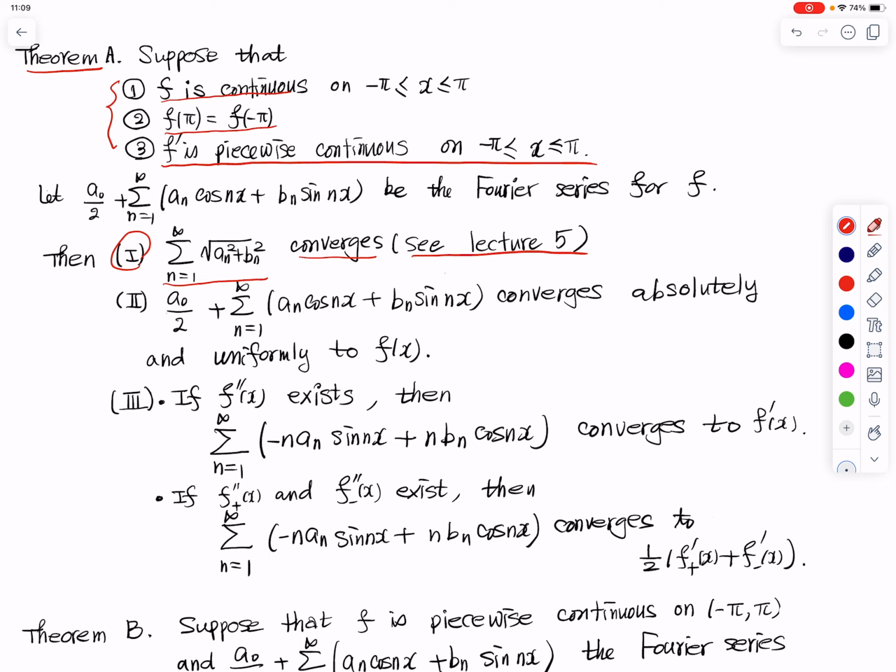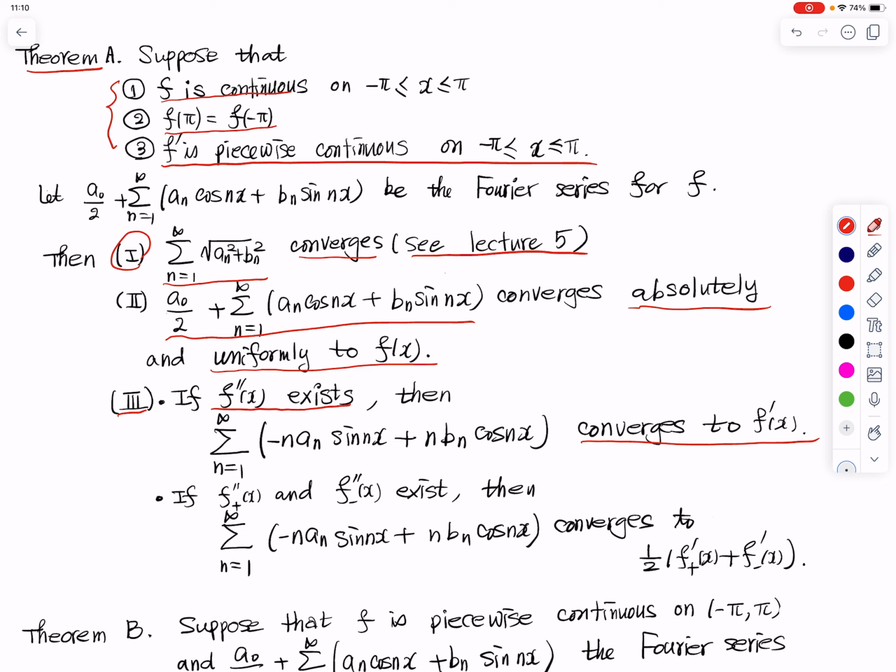And then B, what we're going to prove is that the Fourier series actually converges absolutely and also uniformly to the given function. Number 3, if the second derivative of f at x exists, then you can differentiate the Fourier series, and this converges to f prime x.